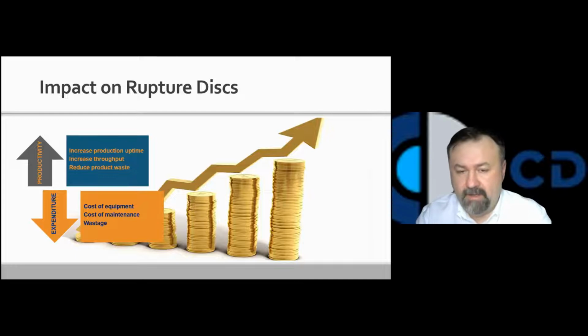Now, when we're trying to do this, typically we are putting our manufacturing equipment at a significantly higher strain, and therefore it requires replacement and maintenance. That again leads to the possibility of wastage of product if we need to stop to carry out maintenance, and also consumption of spare parts for the equipment, including rupture discs as well.